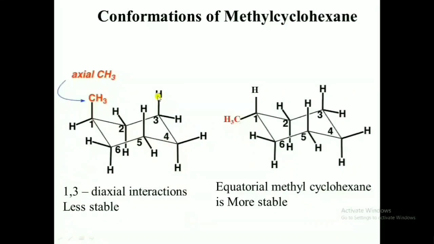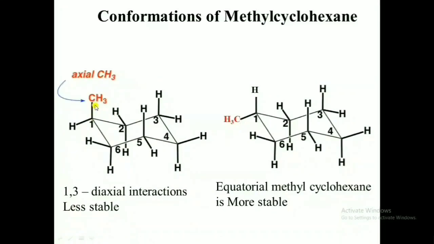Okay, so these two groups are very close to each other. Similarly, if you go in this direction, that means third, fourth, fifth, this carbon atom also has an axial hydrogen. So my point is these two hydrogen atoms, one at the third carbon atom and the other at the fifth carbon atom, these two axial hydrogens are very close to the methyl group on this carbon atom.